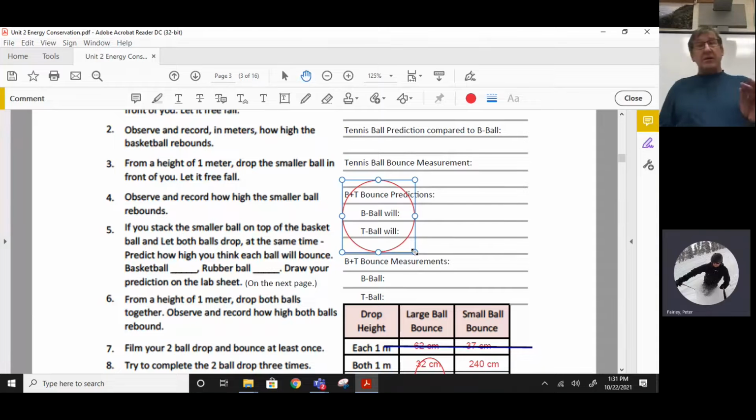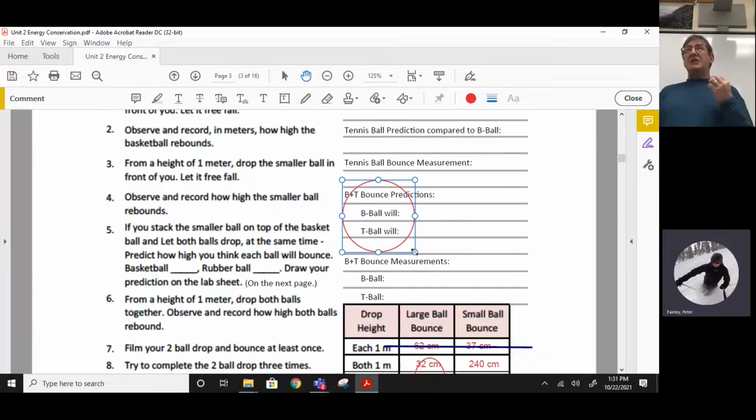And I want to remind you, a prediction is what you think will happen before you actually do the measurement. So hopefully you haven't already done it because you've seen our data. And that kind of gives you a bias instead of having an honest prediction. So it doesn't matter if your prediction is right or wrong, because we always learn something from making a prediction in advance.